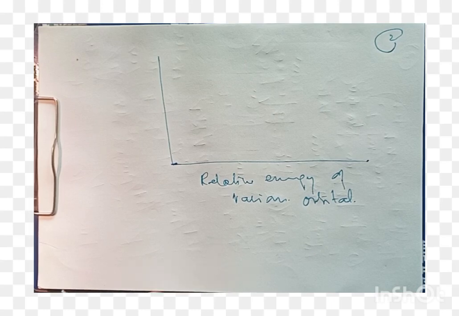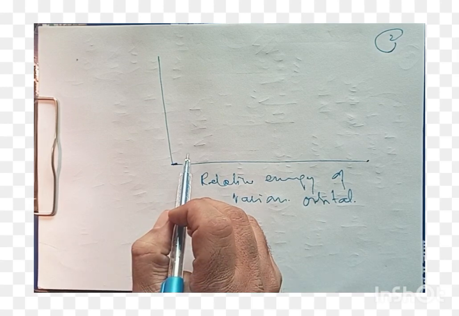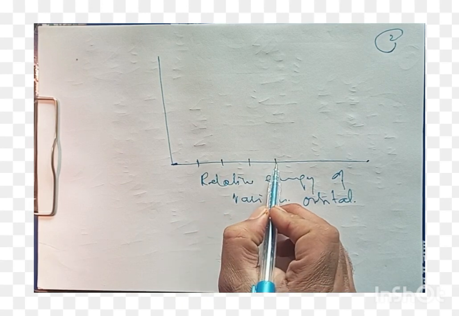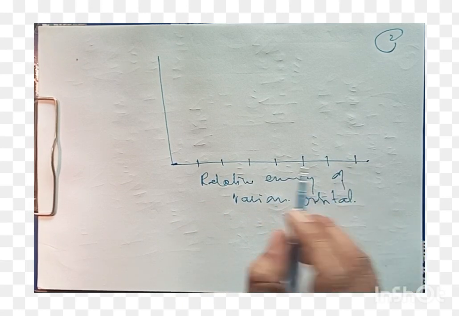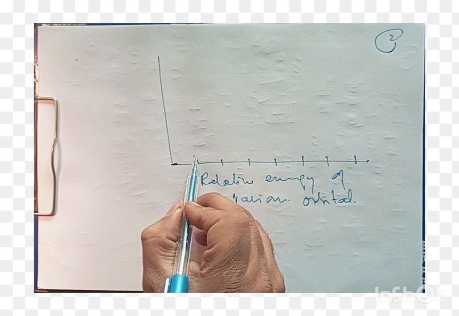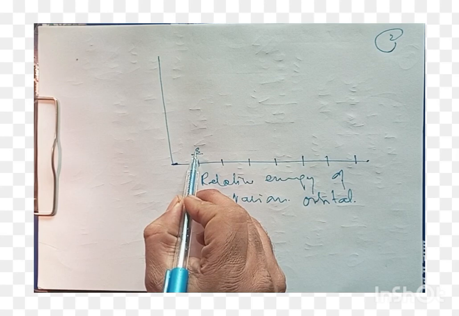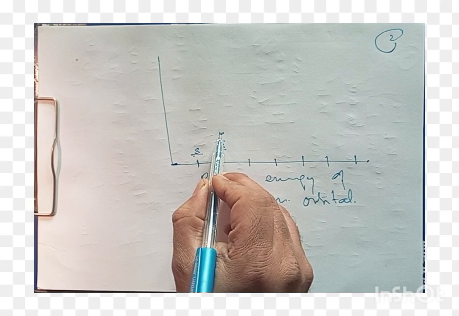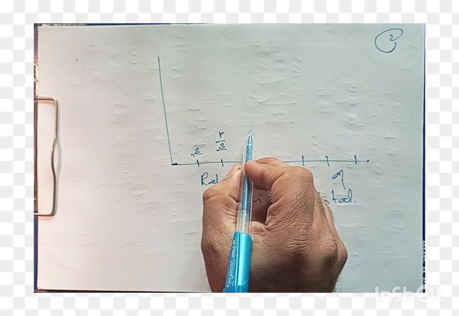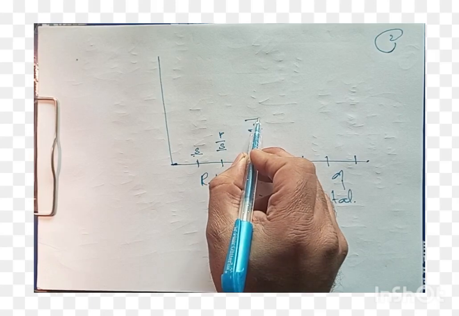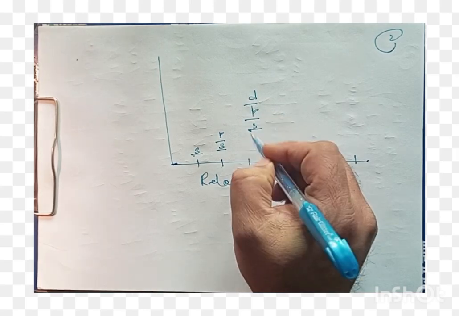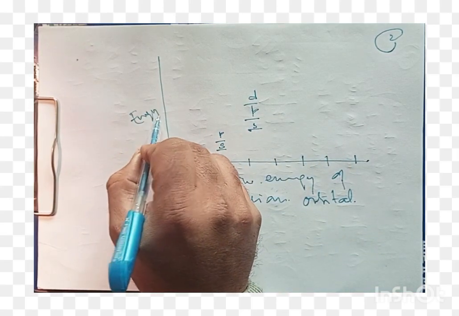The point is probability; it's not anything exact. Now I go with 1, 2, 3, 4, 5, 6, and 7, and here I will have s, and for n equal to 2 I have s and then p, and for n equal to 3 I will have s, then p, and then d. This is the energy axis.